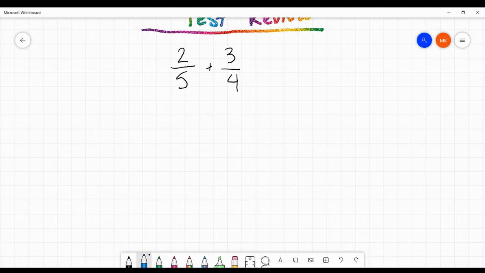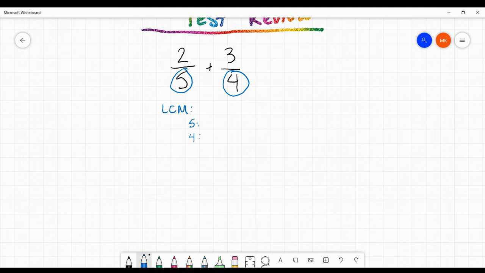All right, welcome back. The first thing I see is I have two unlike denominators, so I want to find my LCM, or my least common multiple. I will do that with 5 and with 4.